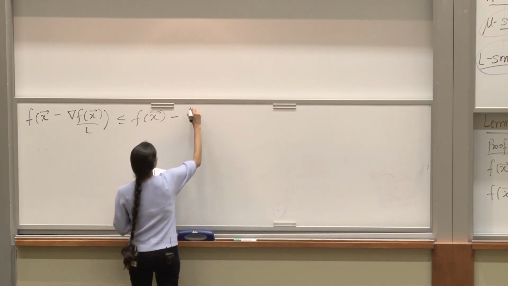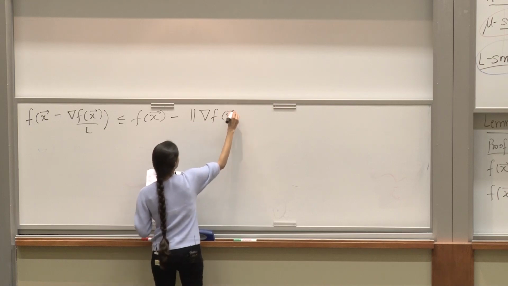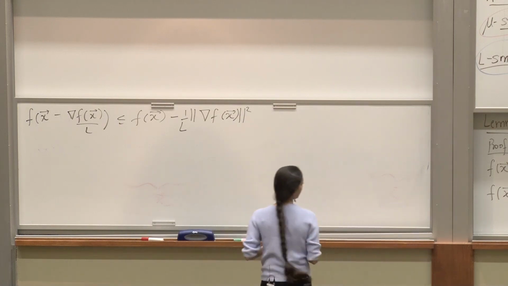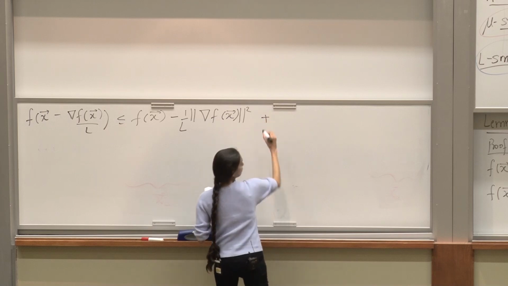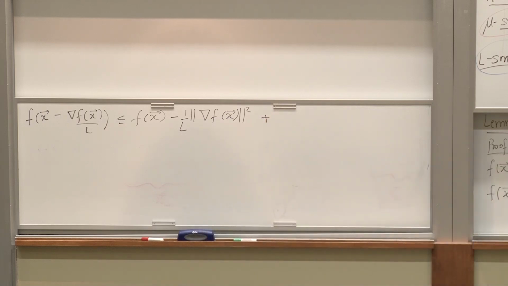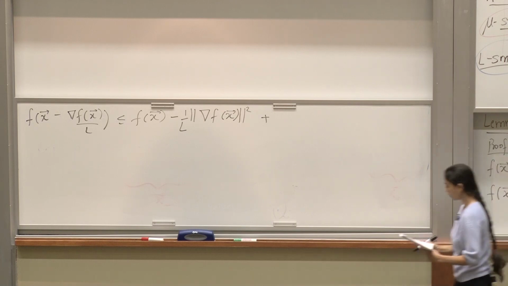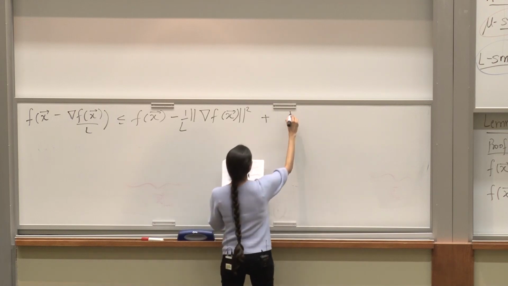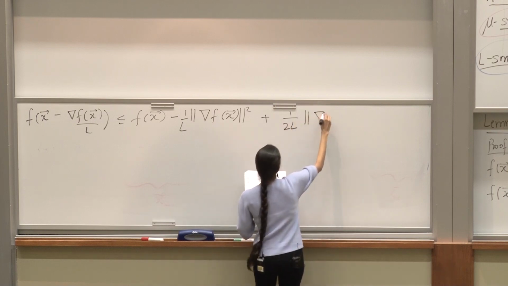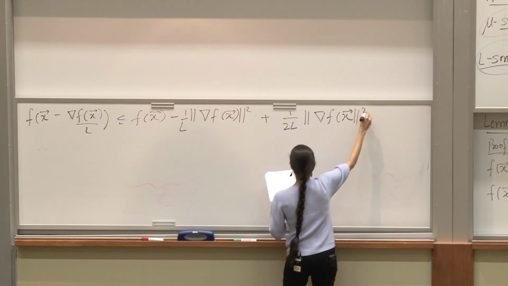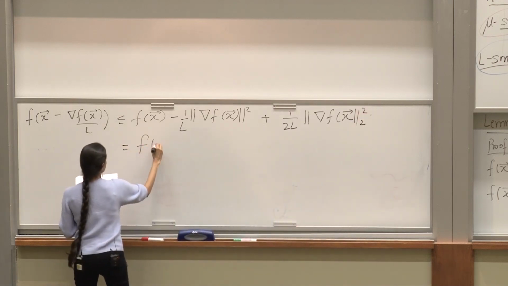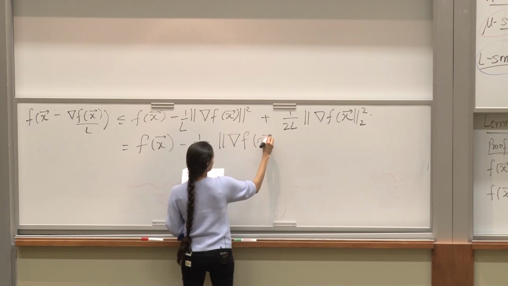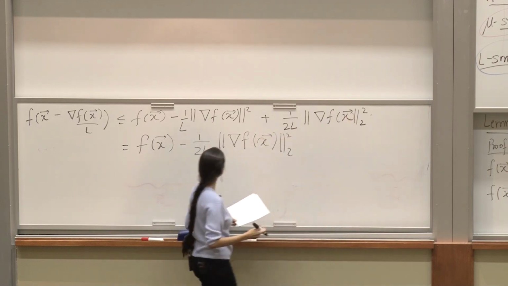So it's minus the norm of the gradient of f of x, squared, divided by L. And here we already have the norm of the gradient, so this L comes out, becomes an L squared, and cancels with this L. So I get 1 over 2L times the gradient of f of x squared, which is just equal to f of x minus 1 over 2L times the gradient of f of x squared. Okay?